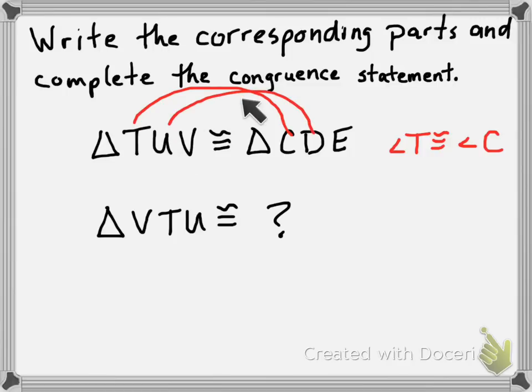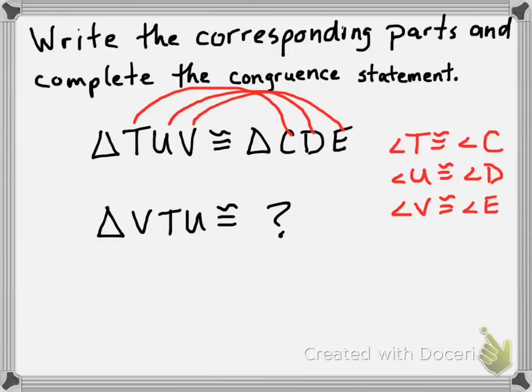So angle U is congruent to angle D. And then the same thing with the third two. Angle V is congruent to angle E. Okay, so I have my three congruent sets of angles just by looking at the first letter and the first letter, the second letter and the second letter, the third letter and the third letter. So now I need to write the corresponding sides.